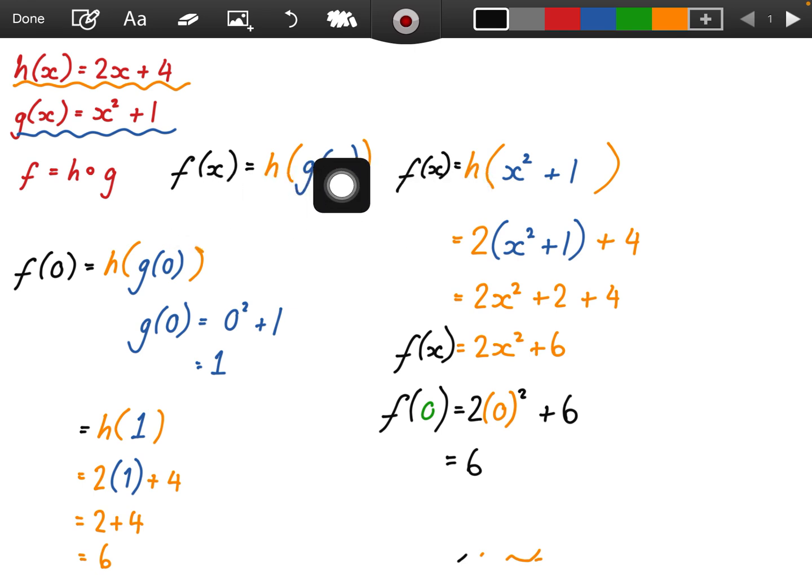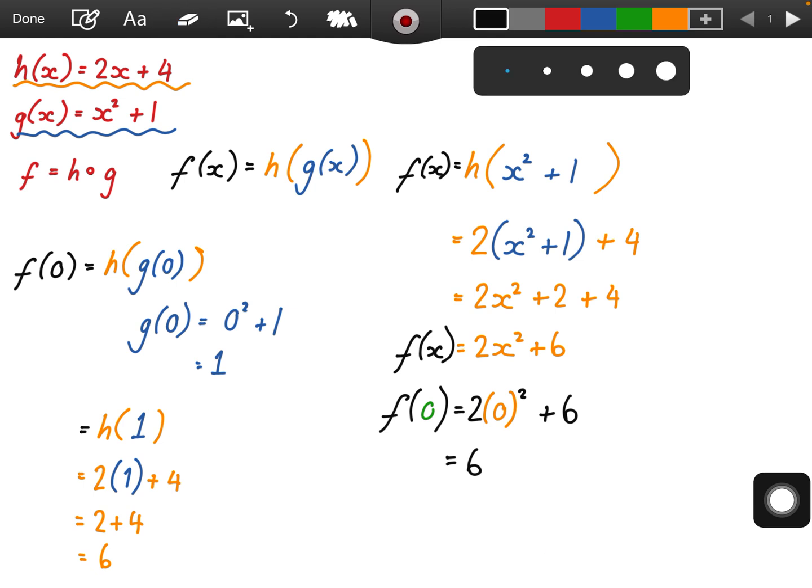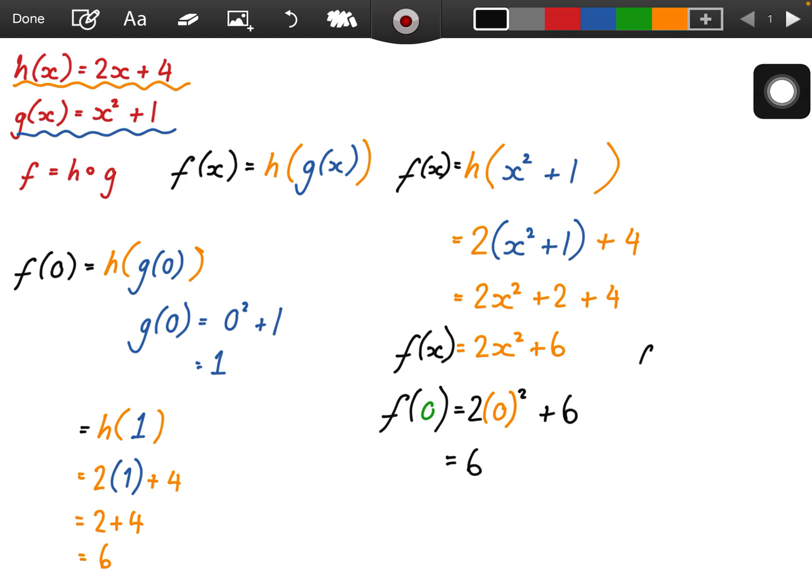Whatever g of x is going to give me as an output, I then have to apply h to that. So I'm applying h to the function g, and I got one simple function for that. And then I can start inputting everything. This will save me a lot of time when I am asked for things like f of 3 and f of 4 and f of 6.